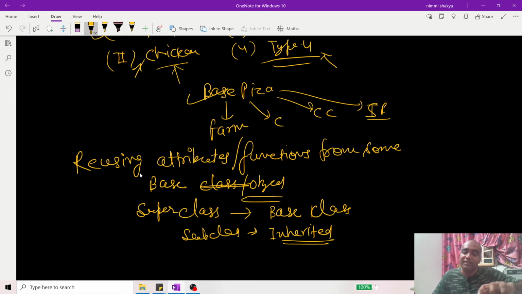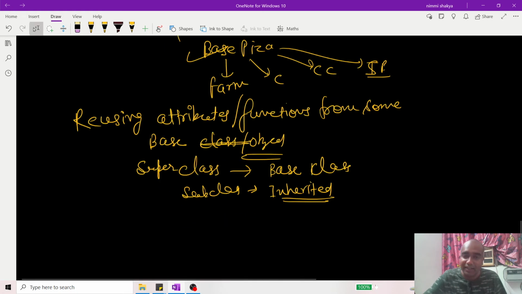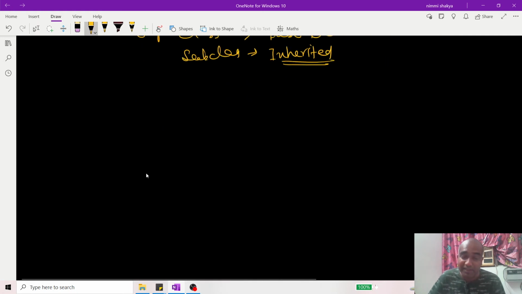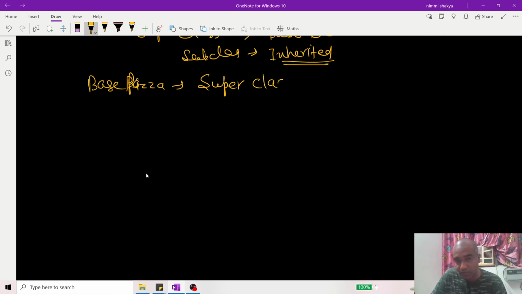The superclass is the class using which other classes or other objects will be inherited. For those kinds of objects, when you write the class, those classes are known as the inherited classes. So if you implement this pizza example, then base pizza will be the superclass, and your farm pizza will be a subclass.